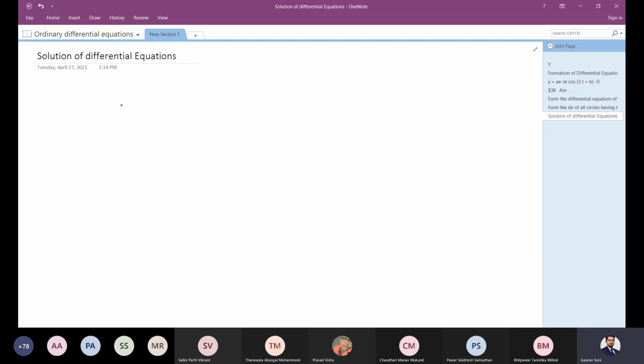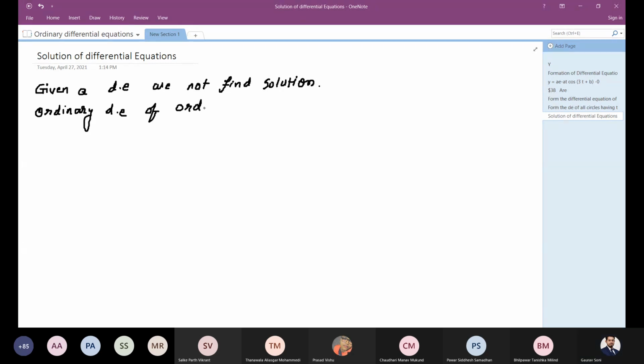By that I mean we will be given a differential equation, and we need to find its solution. The differential equations we are going to study in this syllabus are ordinary differential equations of order 1 and degree 1.